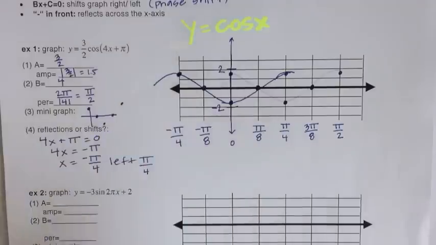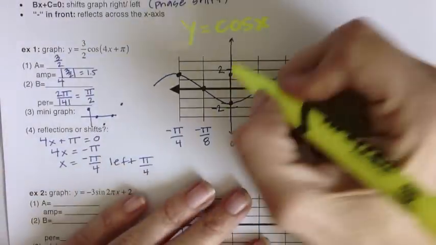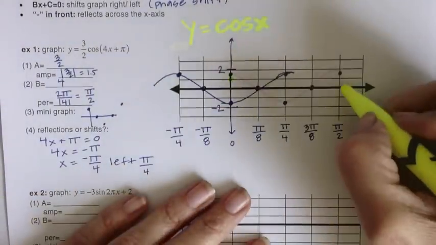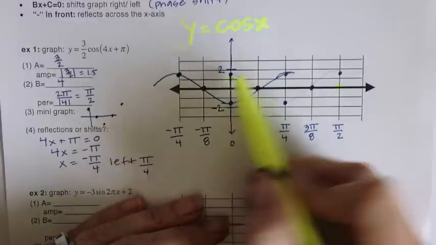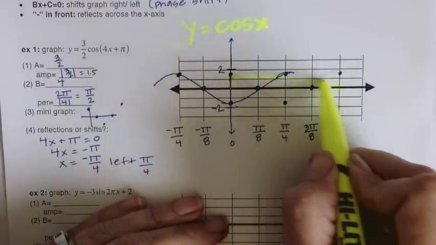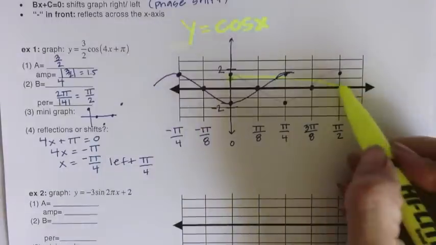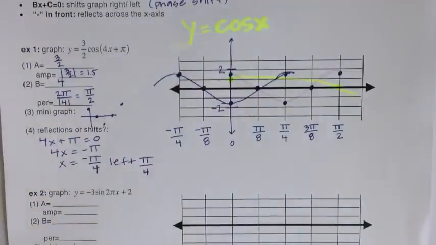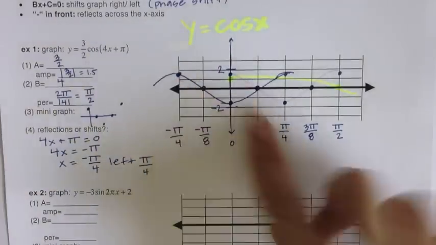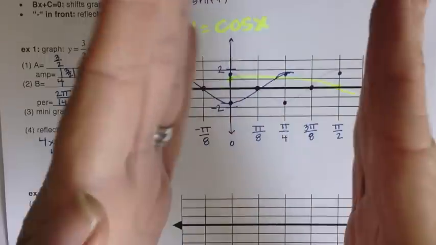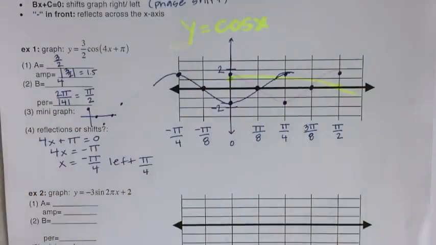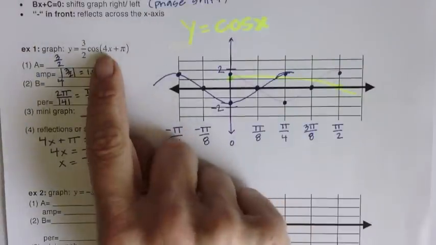Remember with cosine x, pi over 2 is just the first mark after 0. So this is exactly what I would have. I would have just that first little chunk right there. It would obviously start going down, but this graph right here is super compressed. It's like smushed in horizontally, and the reason why it's smushed in horizontally is because of that 4x.